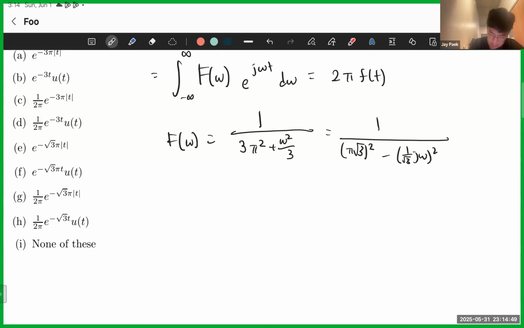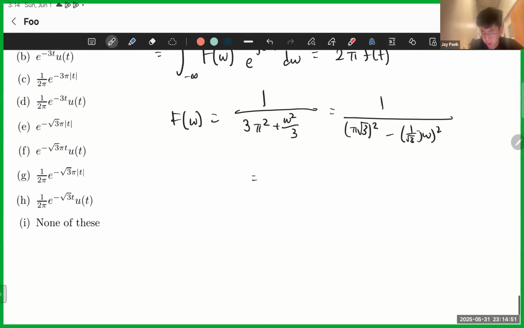Now from this point, I could use partial fraction decomposition and change it into two little things. So now it's a divided by pi squared 3 plus 1 over squared 3. Actually, here, let me make this easy and do this.